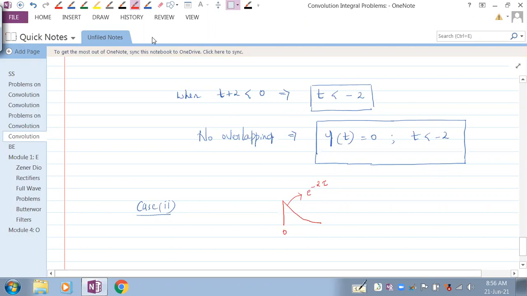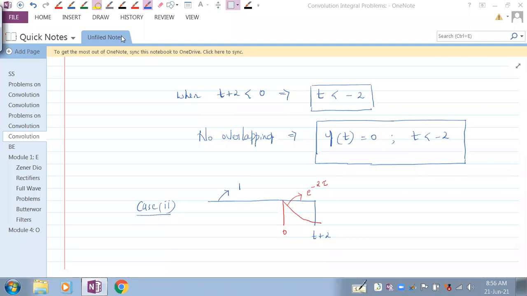And we need to have a signal which is moving now, and this moving signal would now go beyond this 0 and come somewhere here. Let's say this is t plus 2, right? And what is this signal throughout? It is 1. This red signal is e power minus 2 tau, and this blue signal is 1 throughout.